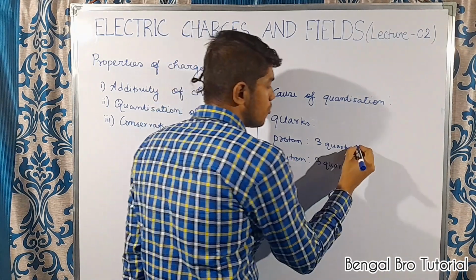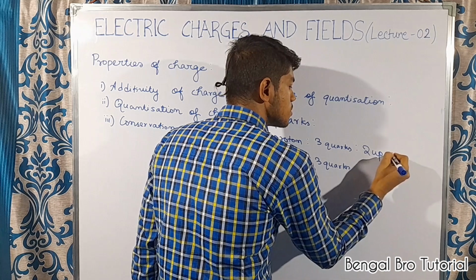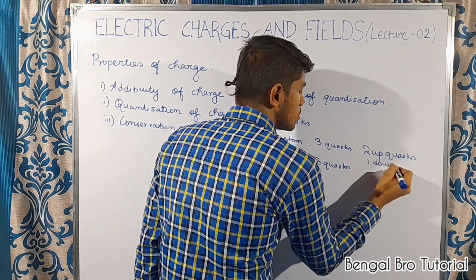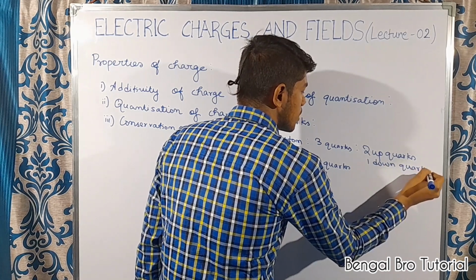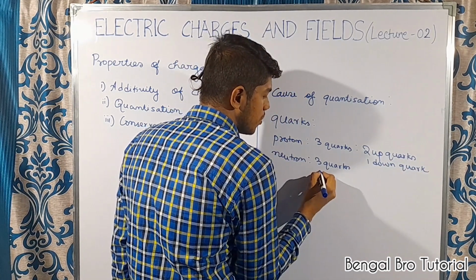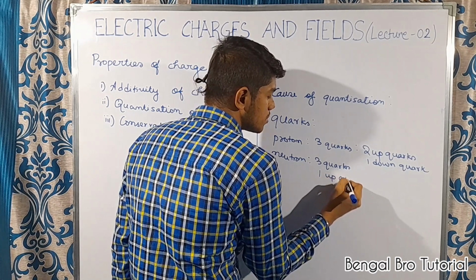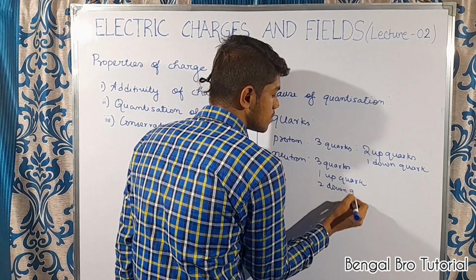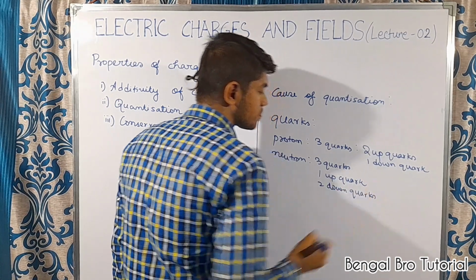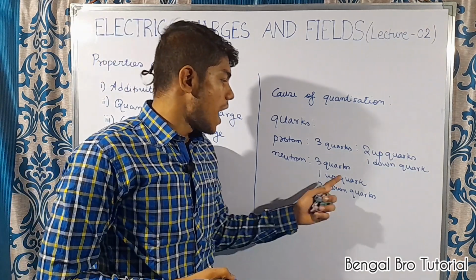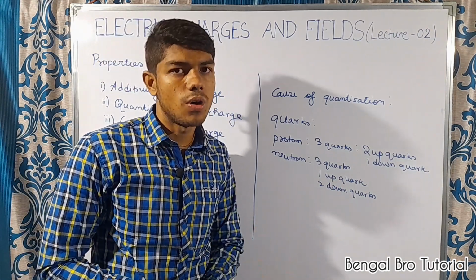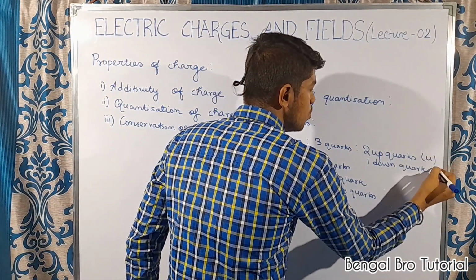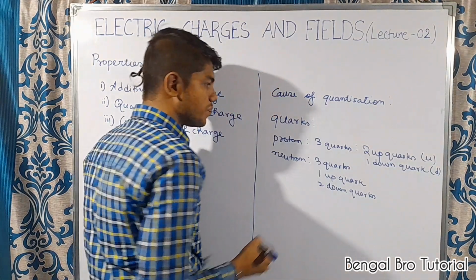A proton is made up of 2 up quarks and 1 down quark, and a neutron is made up of 1 up quark and 2 down quarks. Up quark and down quark are 2 types of quarks. The up quark is denoted by U and the down quark is denoted by D.